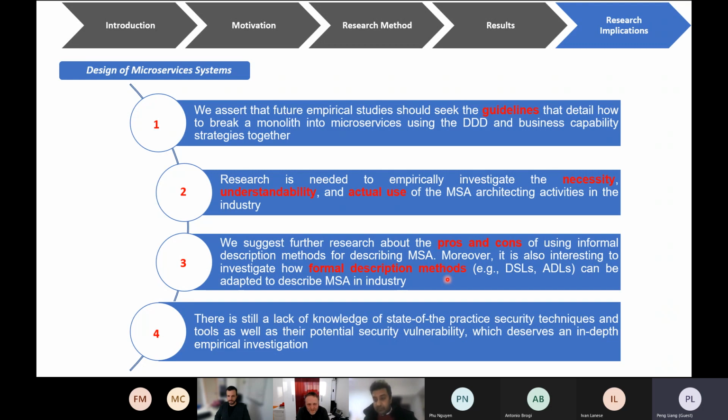So if someone is interested, they can identify the practices from practice, validate them in practice, and then propose generic guidelines to practitioners, so they have a starting point. Similarly, some other areas can be investigated.